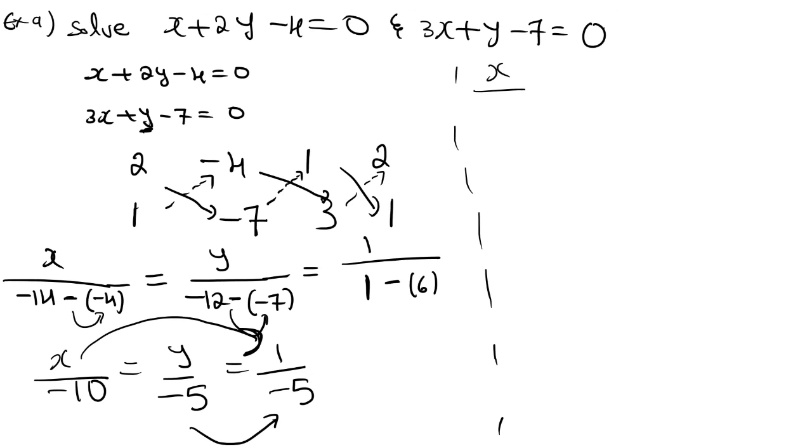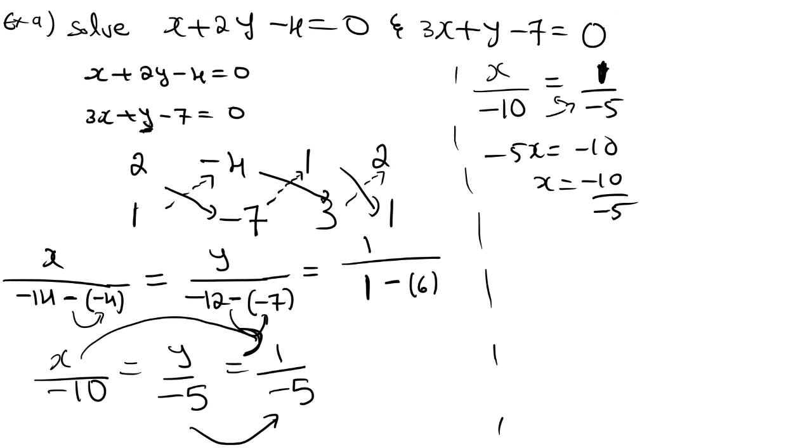So x by minus 10 equal to 1 divided by minus 5, minus 5x equal to minus 10, cross multiply. Or you can do directly, x value equal to minus 10 by minus 5. This implies x value equal to, minus minus cancels, 5 1s are 5, 5 2s are 10, minus by minus is plus, right? So x value equal to plus 2.